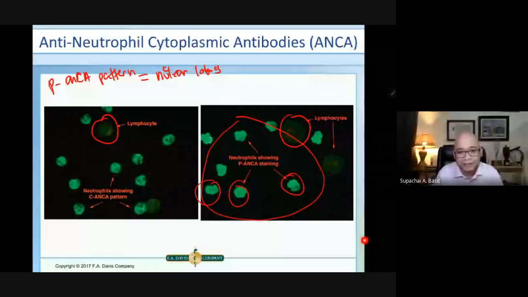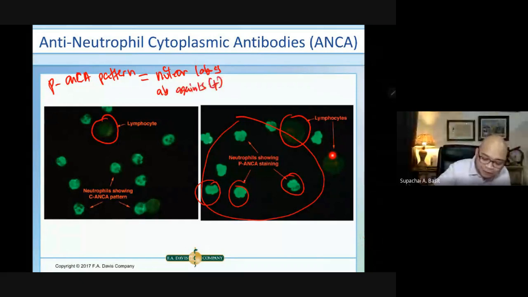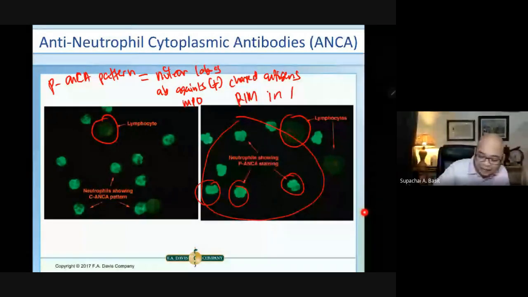So the antibodies responsible for this pattern are antibodies against positively charged antigens, okay, such as myeloperoxidase that migrate out of the granules toward the negatively charged nucleus. Okay, so p-ANCA is the same as rim in ANA. So same as rim or peripheral pattern.